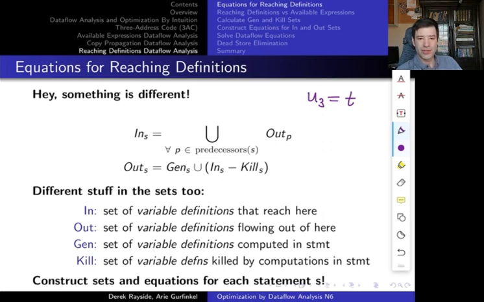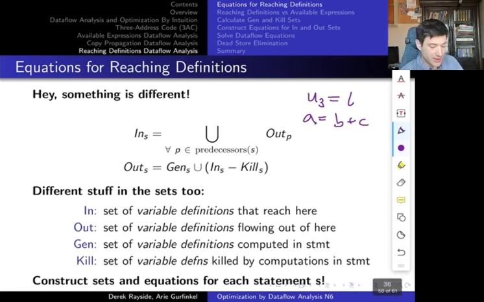And those variables don't change. So U3 has only one value until we get to the statement again. And so any equality statements like this, if I have, for example, A equals B plus C, in data flow analysis, those things are called definitions. So think of a definition just as an assignment. It's stable. It doesn't get to be reassigned.